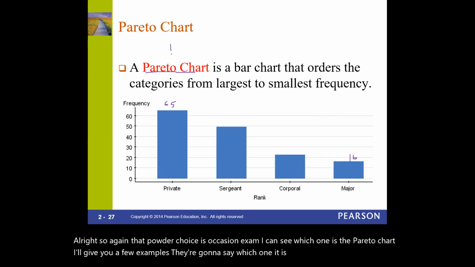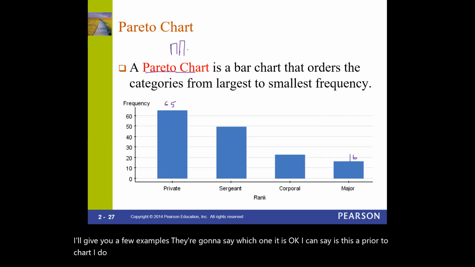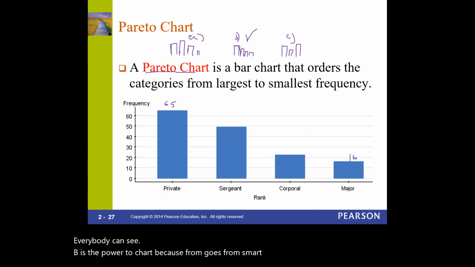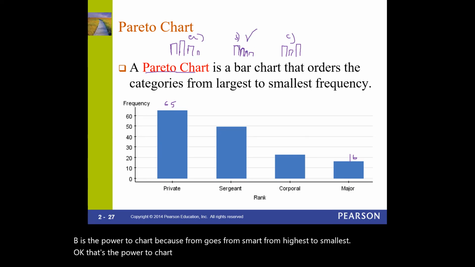I'll do something like this, and something like that, and I put A, B, C. Everybody can say B is the Pareto chart because it goes from highest to smallest. That's a Pareto chart.